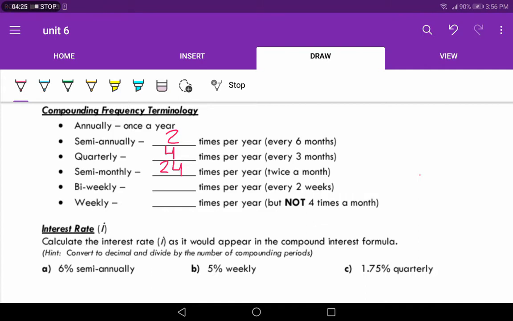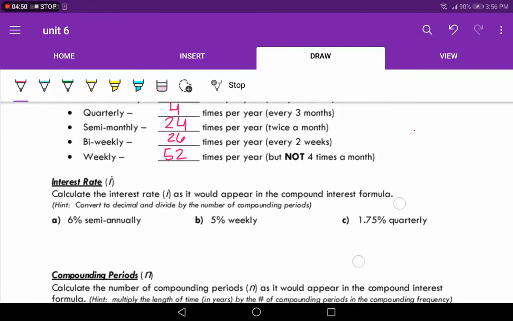Bi-weekly means every other week. We know that there's 52 weeks in a year, so bi-weekly is 26 times. And lastly, weekly, like I said, there are 52 weeks in a year, which means it would be compounded 52 times. Okay? Not necessarily 4 times a month, but 52 times over the entire year.